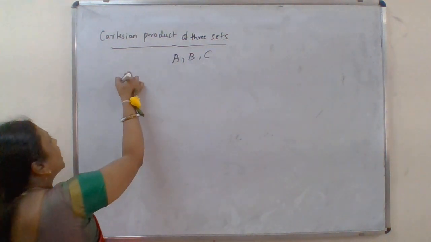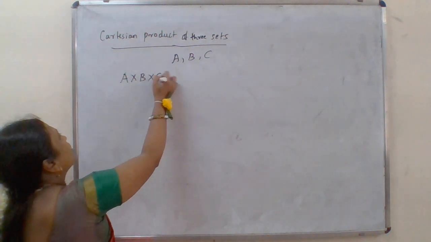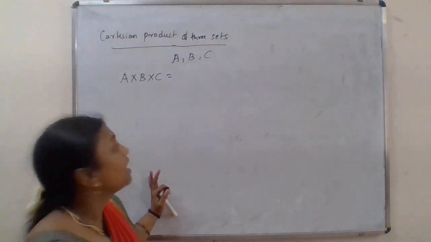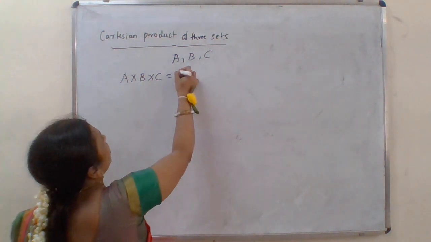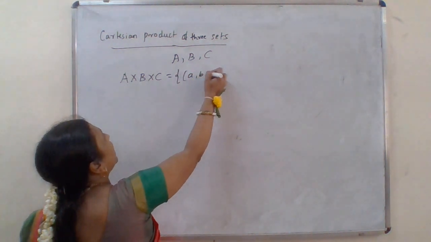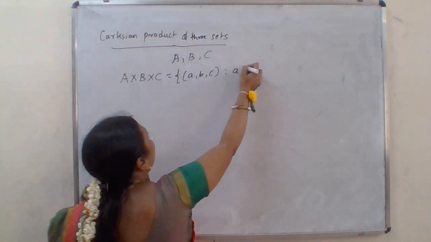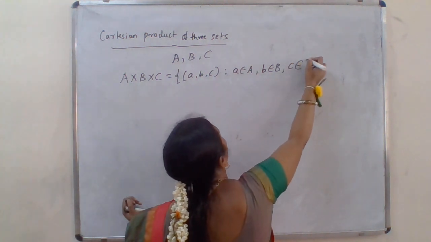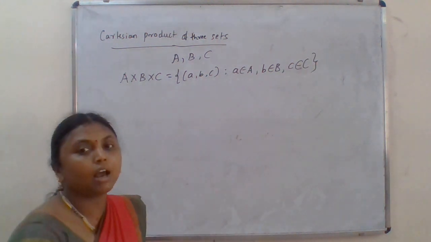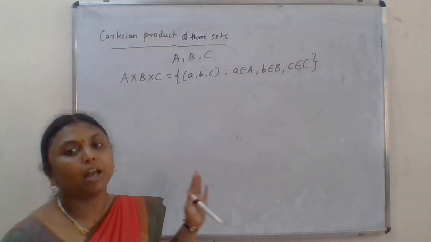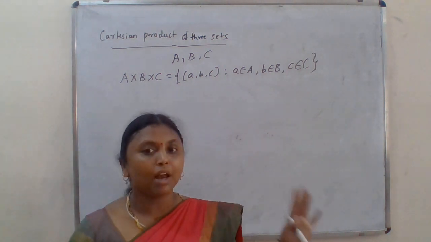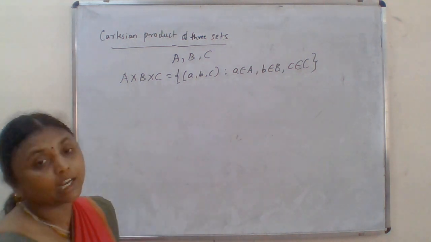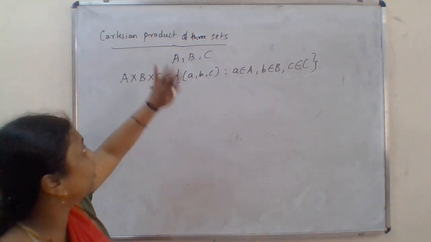The Cartesian product of three sets is denoted by A cross B cross C. A cross B cross C is the set of ordered triplets (a, b, c) such that a belongs to the set A, b belongs to the set B, and c belongs to the set C. So the first element belongs to the first set, the second element belongs to the second set, and the third element belongs to the third set. Then only it is called the Cartesian product of three sets.